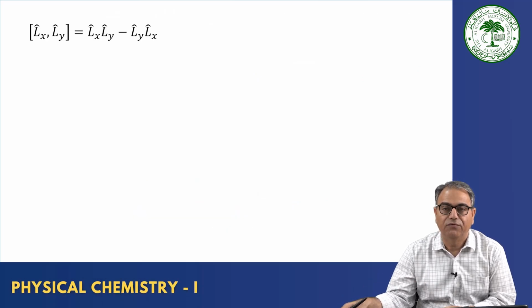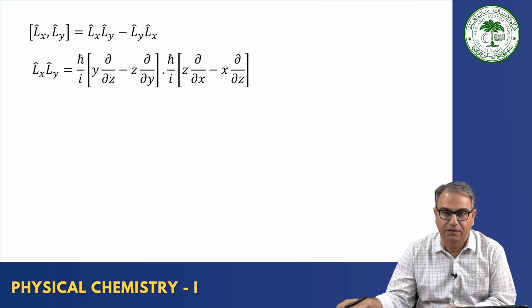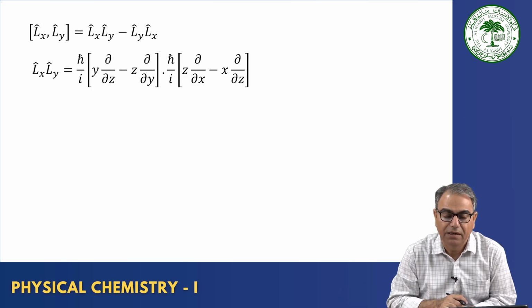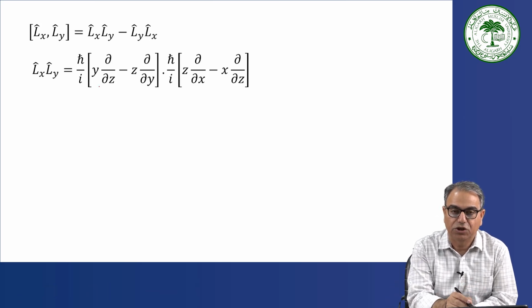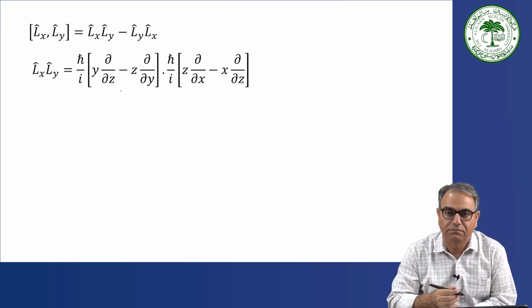So let's do one of the commutator relationships, that is Lx, Ly. Lx, Ly will be Lx Ly minus Ly Lx, as I have written AB minus BA just now. And Lx is equal to h cross by i, y del by del z minus z del by del y. If you want to see these relationships, go and see the previous module.